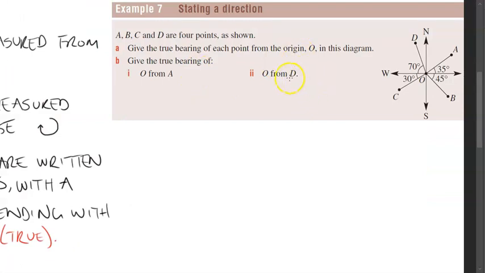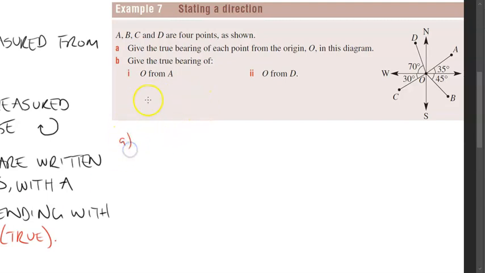Okay, so the questions that we have here are relating to this compass here. Namely, we've got 4 points A, B, C, and D. Not all information has been given here, so there's a bit of fairly simple working out that we need to consider. So the first question, A: B, C, D are 4 points as shown.